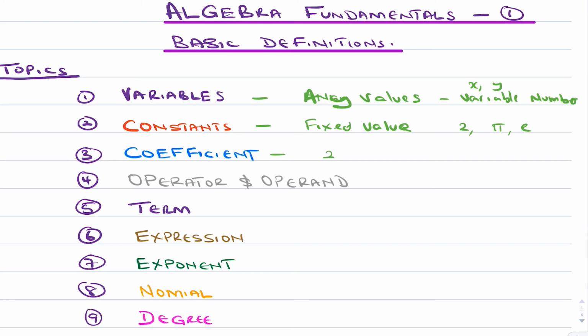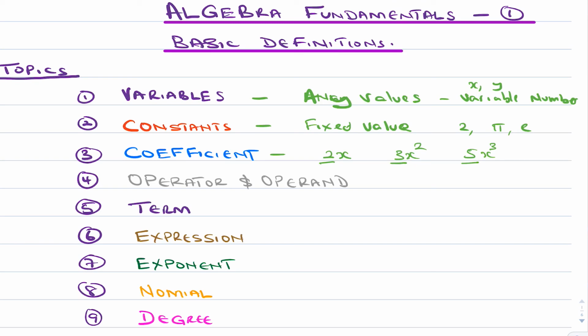So if you have 2x, the coefficient is 2. If you have 3x cubed, or 3x squared, the coefficient is 3. If you have 5x cubed, the coefficient is 5. So those are the coefficients, constants in front of a variable.